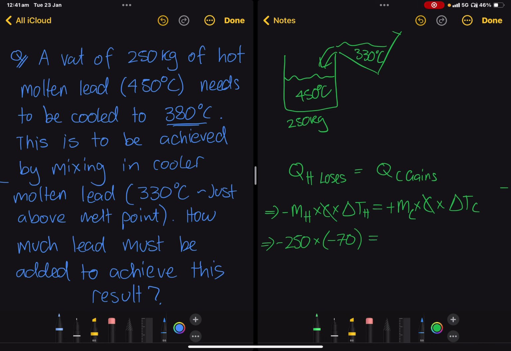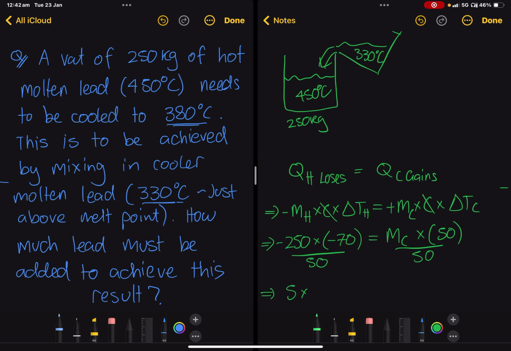This has to be equal to the mass of the cold added, that we don't know, multiplied by its change in temperature. Now we know the cold stuff is going to get hotter. It's going from 330 up to 380, so that's actually going to be plus 50. Now if we just divide both sides by 50, 250 divided by 50 is 5.